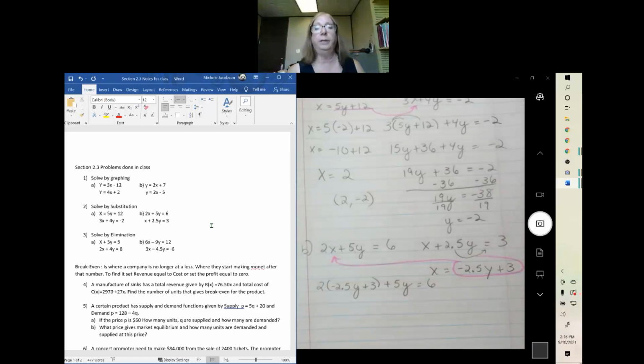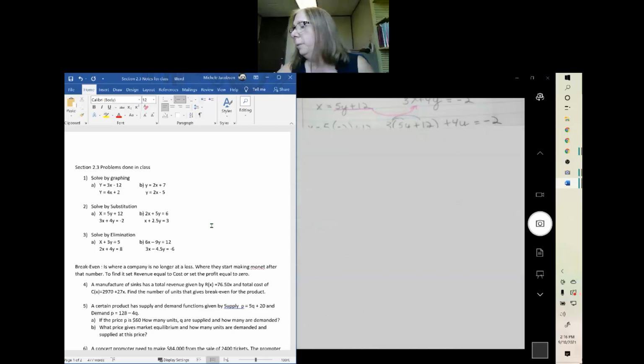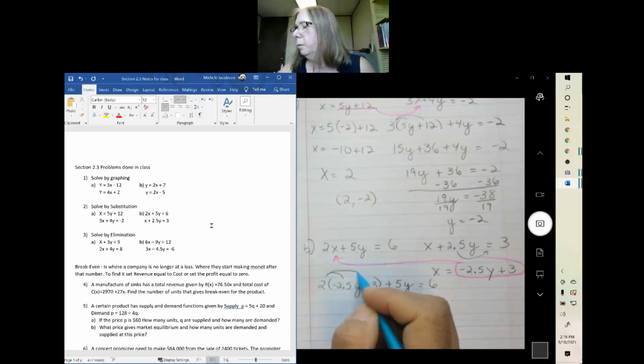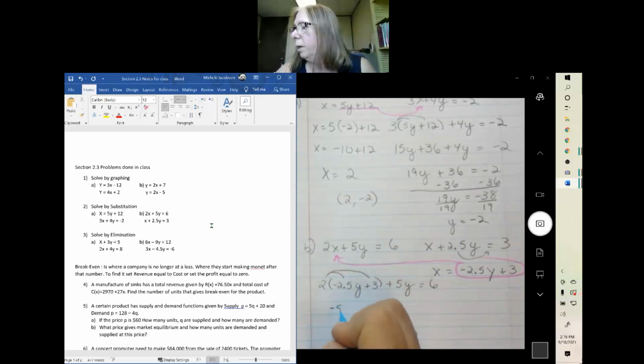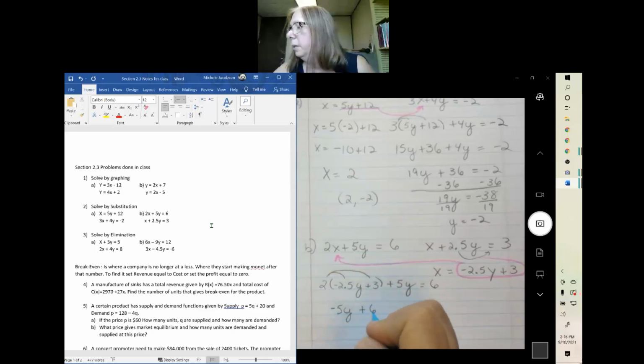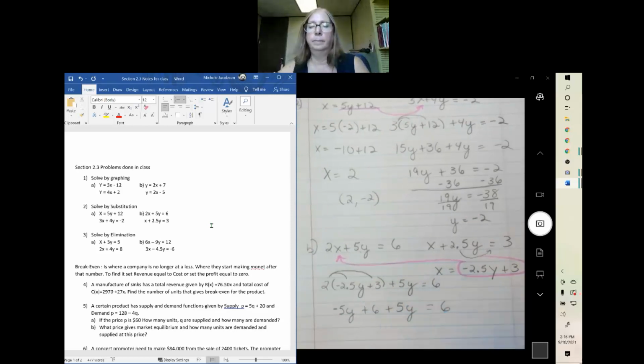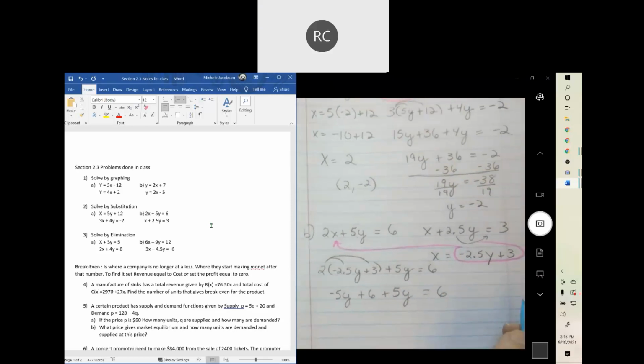Now, if you already started solving it, what are you noticing? Anything? What happens to the y's? If we distribute this, we get a negative 5y plus 6 plus 5y equals 6. They cancel out. Exactly.